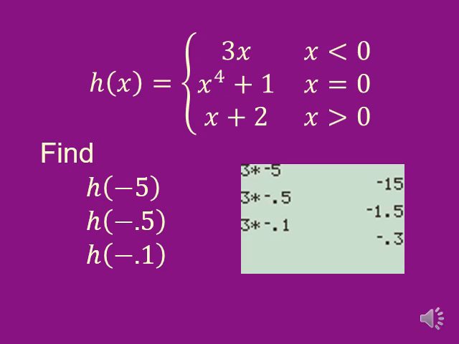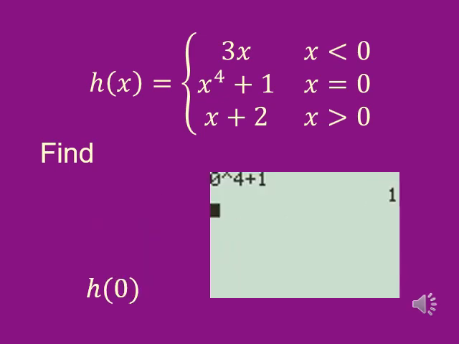All of those, it's the top formula I plug into because they're all less than 0. The only one on here where h is 0 is the one that says h of 0. And so that one problem I plug into the middle formula. And I take 0 to the fourth, which my common sense tells me is 0, plus 1, and I end up getting 1. So 1 is what h of 0 is.